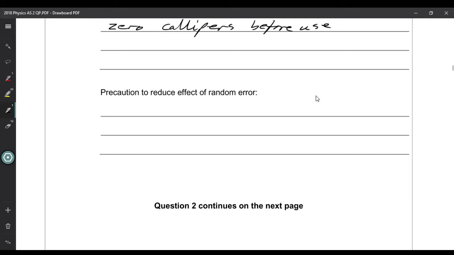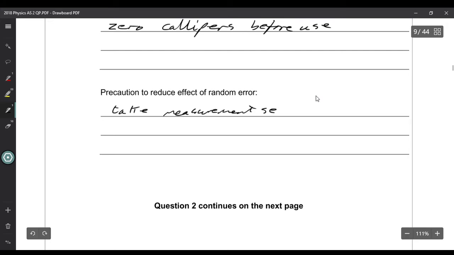So we would say take measurement several times for different diameters and calculate mean.